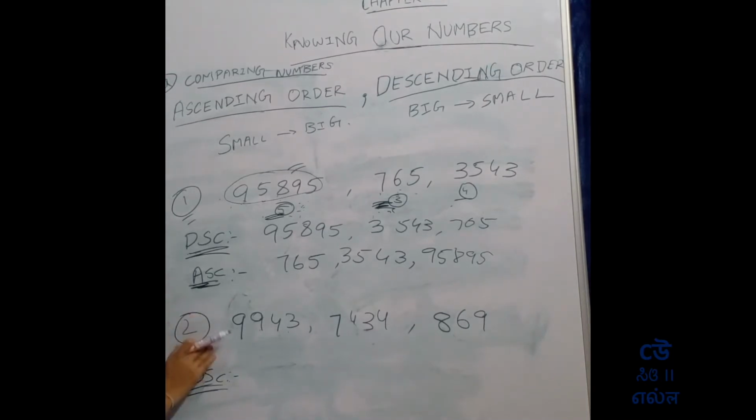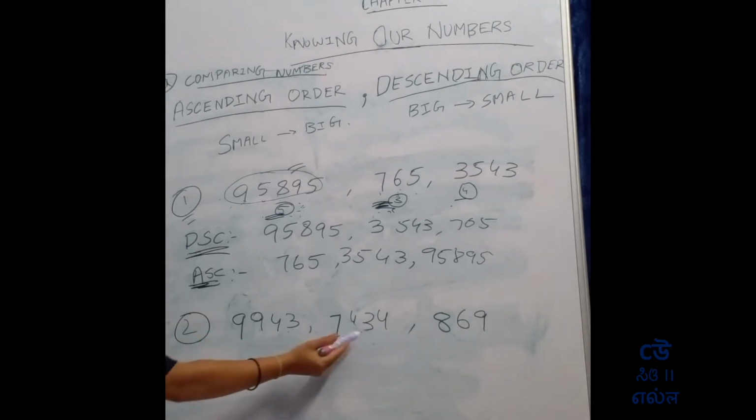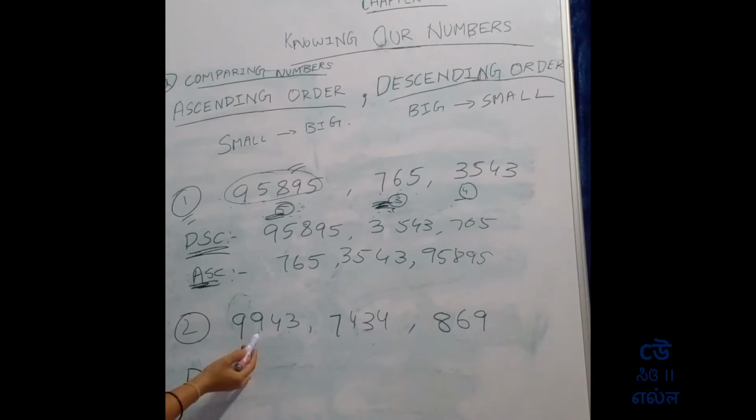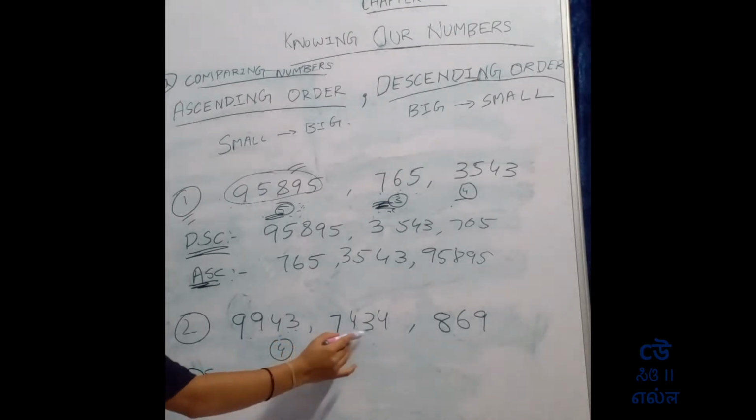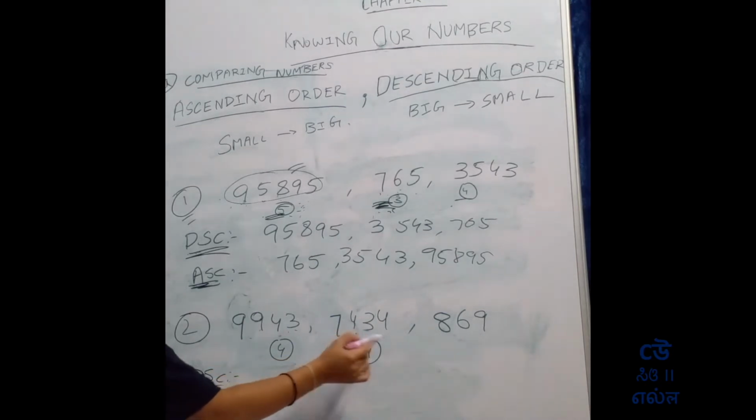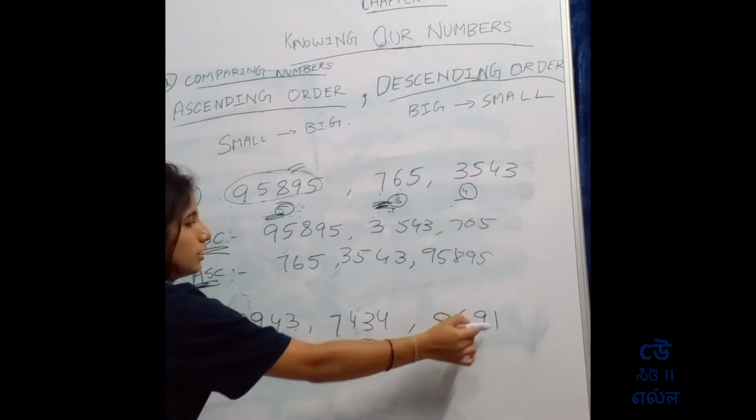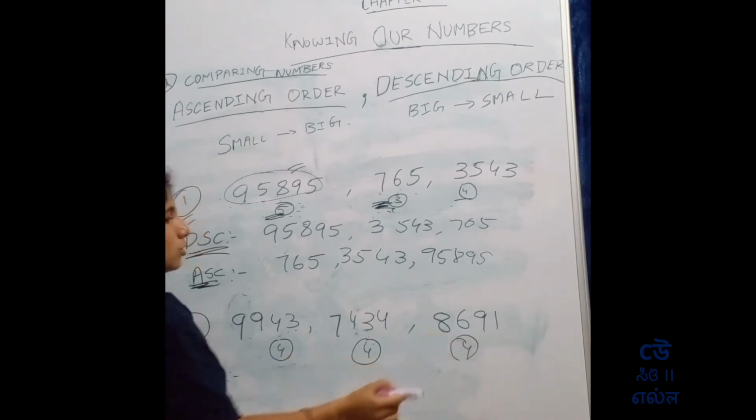Next, let us see how to find the greatest and smallest number when the numbers have an equal number of digits. We have 3 numbers, as usual. How many digits do we have in the first number? 1, 2, 3, 4. 4 digits. Here also 1, 2, 3, 4. Here also 1, 2, 3, 4.